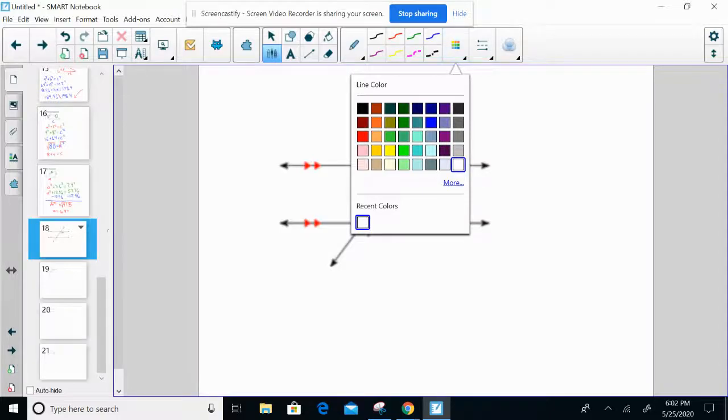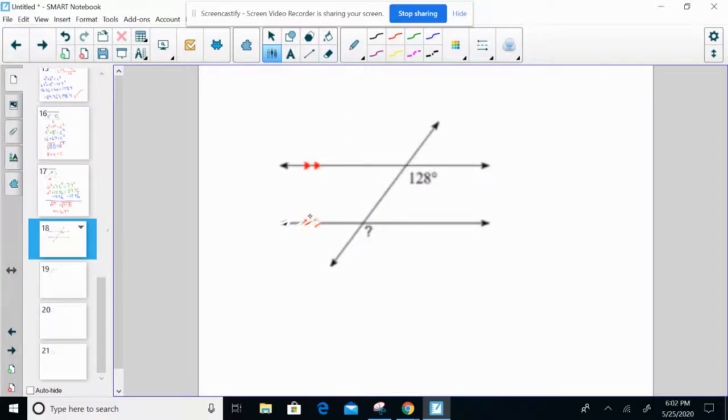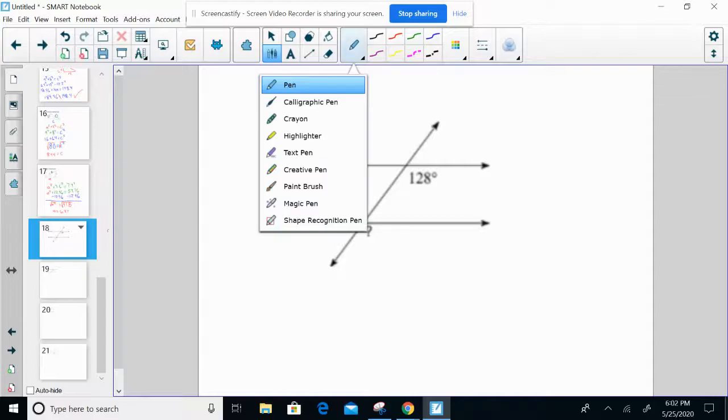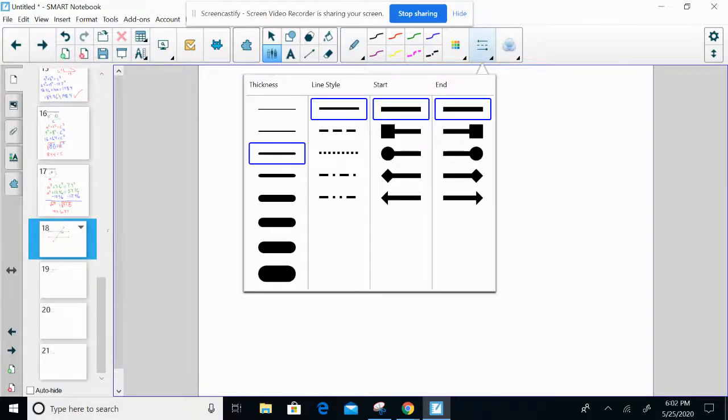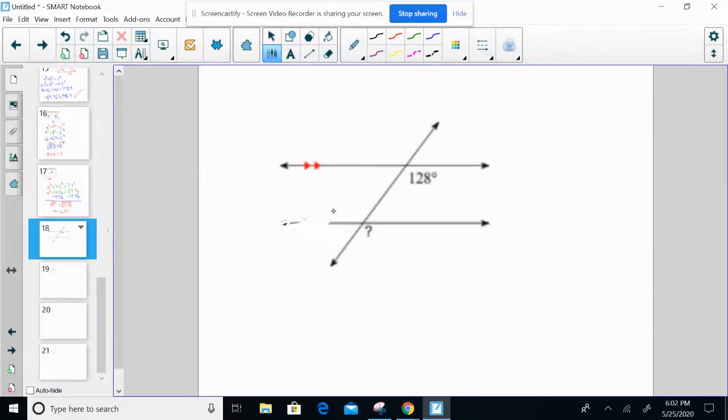Now, one thing to keep in mind is, if I were to erase this, by the way, this holds a lot of the same relationships that we know from last week. So I'm going to erase a whole bunch of this to where all we have left is this angle right here, which is 128.